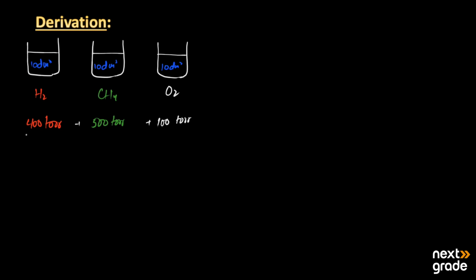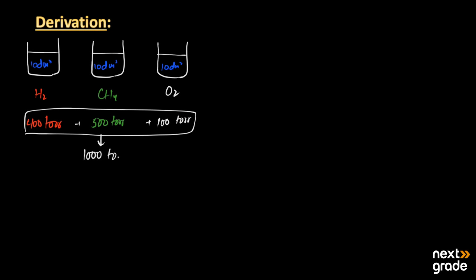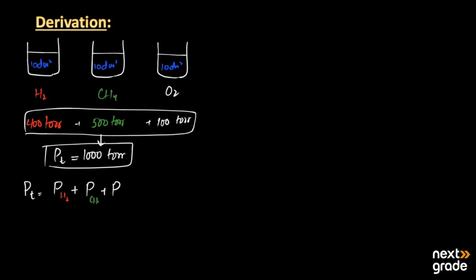So when we add this pressure, the total value we gain is 1000 torr. So PT is equal to the pressure applied by hydrogen, then the pressure applied by methane, and third, the pressure applied by the oxygen gas, which is equal to 1000 torr.